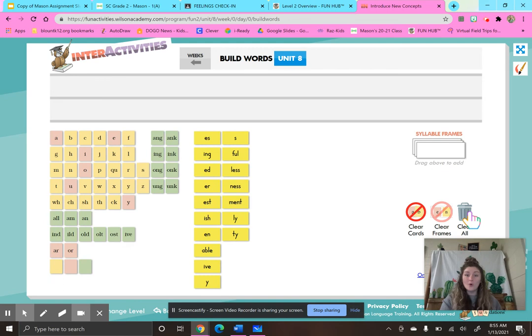So storm is an R controlled vowel syllable because where do we hear or? In the middle of the word. So or storm. So it's just OR. So friends, when you hear that or at the end of a word, not always at the end of a syllable, but at the end of a word, it's going to have that ORE.